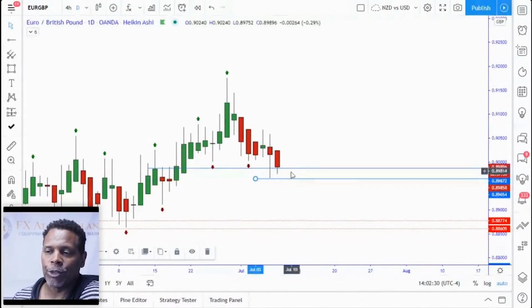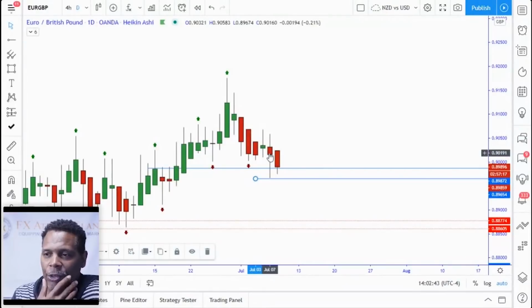4 hour may get you stuck one time or so, but a lot of times it's going to get you pretty good and get you in the market. But if you just stay with the daily, you probably get a not as good of an entry. At one point, I think I showed you guys, there was a 52 pip difference from the daily time frame to the 4 hour time frame chart.